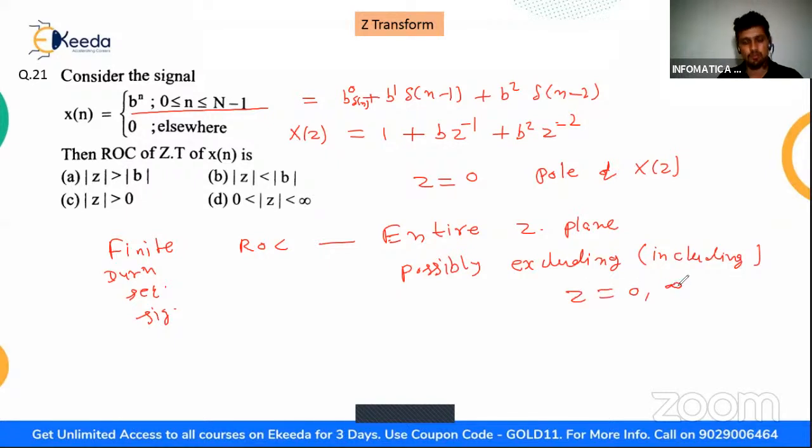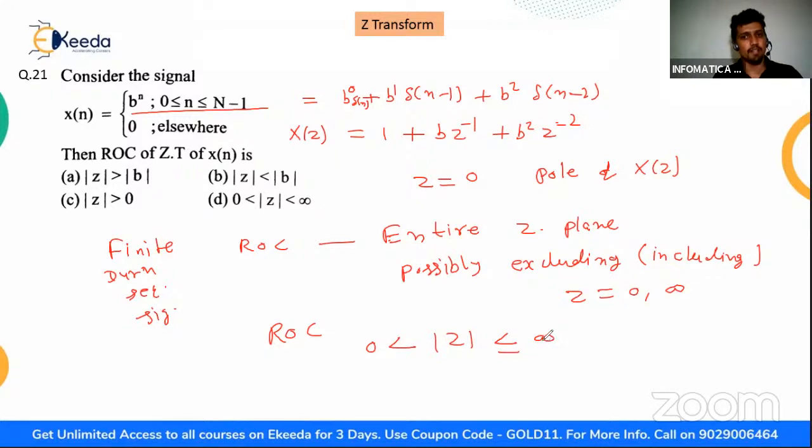For that, we have to check by just determining the Z transform. So you determine that z equals 0 is a pole, so it will not include z equals 0. So the ROC will be the entire Z plane, means the ROC will be mod of Z greater than 0 to infinity. This will include infinity. So D is not correct and C is correct.